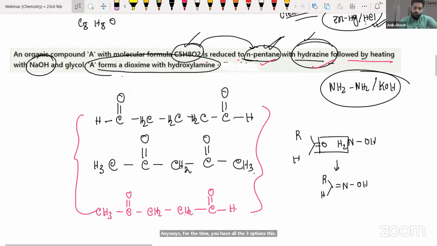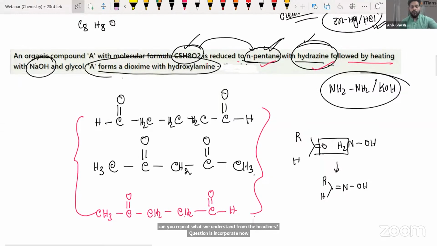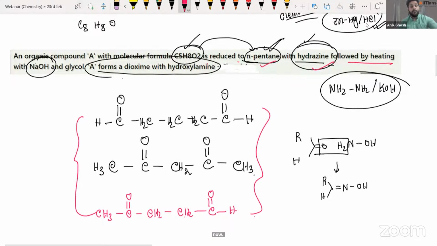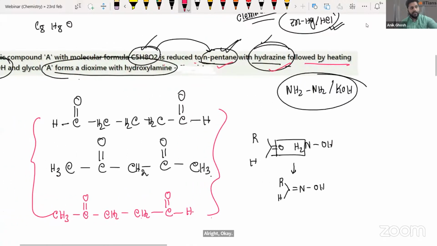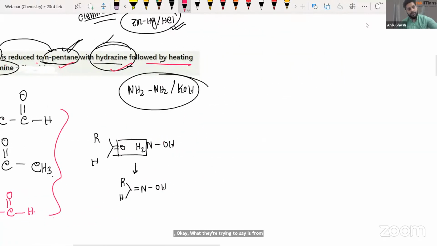So can you repeat what we understand from the hydroxylamine? Yes, Aditya. Question is incomplete, no? All right. Okay, Naman. Fine then. From hydroxylamine, what you understand is, this reaction is there in aldehydes and ketones. Let's say you have an aldehyde, or let's say you have a ketone.